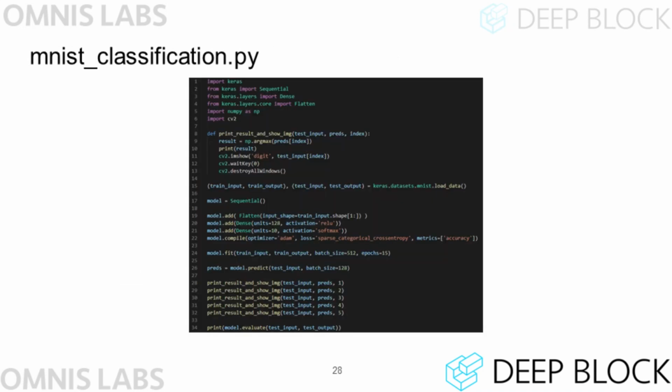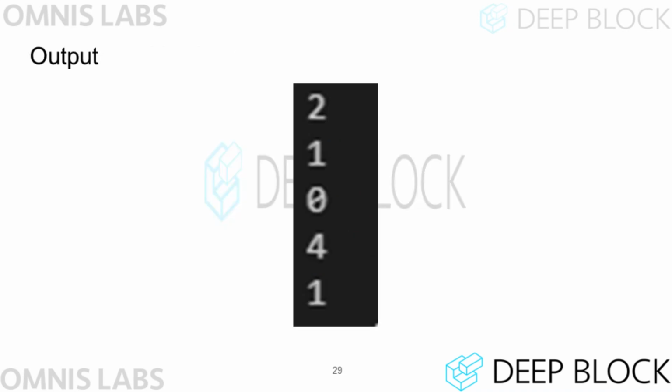Now, write all the code you have written so far in MNIST_classification.py and run the program again. The code file can also be found on the course page. When you run the program in the terminal, the inference starts after the model training, and print_result_and_show_image is called 5 times.